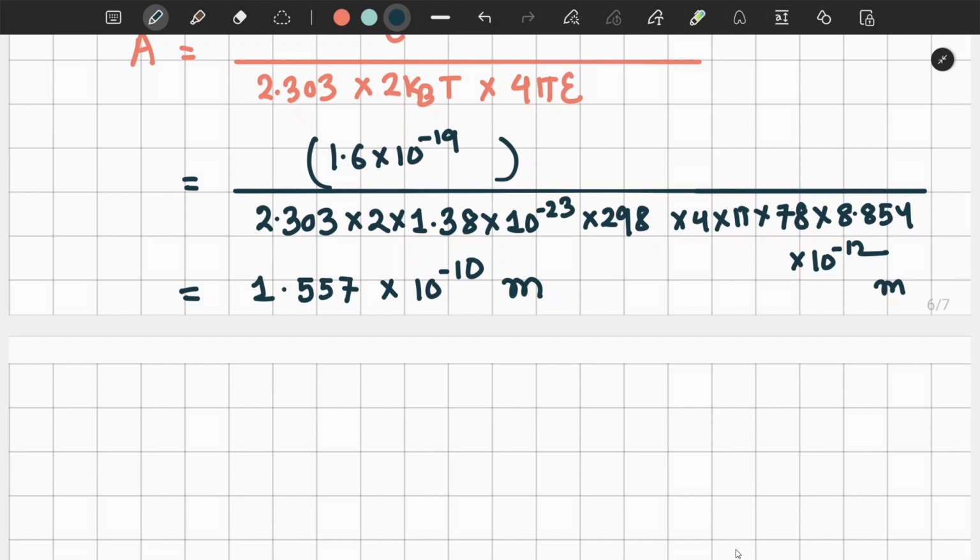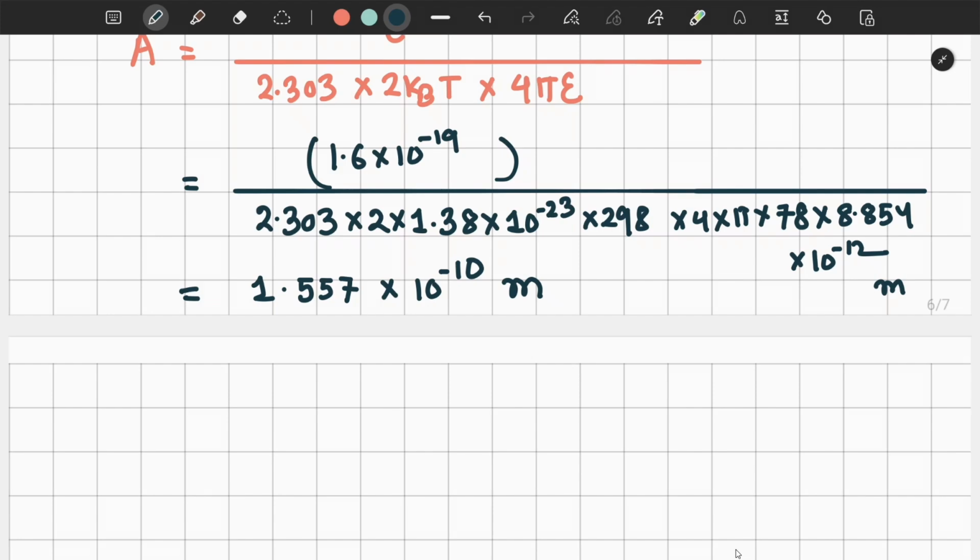Yes. Oh, so sad. I don't know where the mistake is. Let me do it then. 4 into pi into 78 into 8.854, the last line. So I'm getting this.